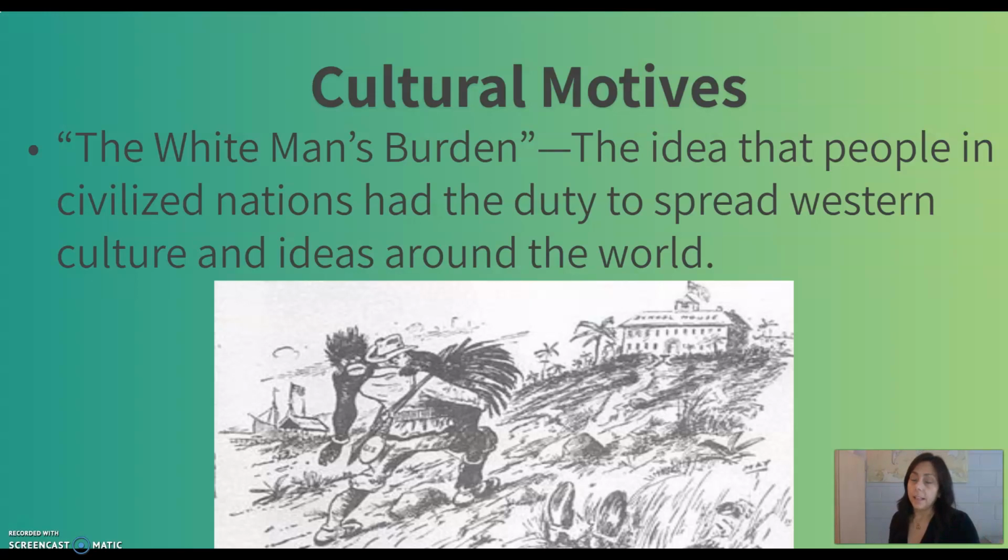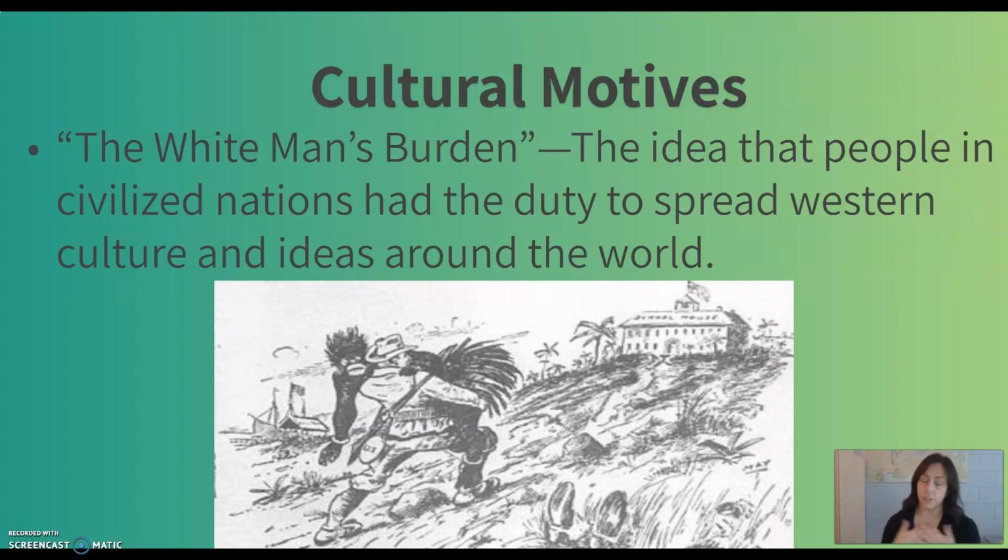And also that the idea of the white man's burden is a sort of ideology or belief system that the Europeans used to take over what they saw as less civilized nations.